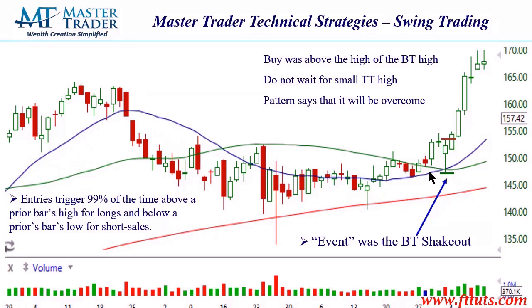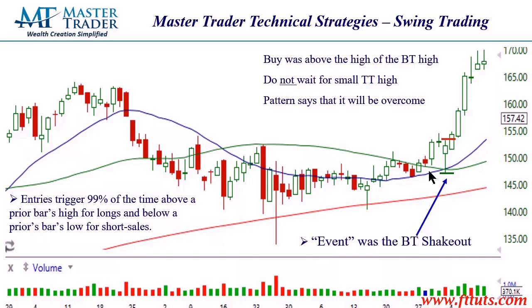And as it says, 99% of our entries are going to trigger by trading above a prior bar's high. Now, with that being said, if I was to see a very compelling pattern, such as this, with a range expansion bottoming tail bar, I might decide to put on an initial position at the close of trading, or very close to the close of trading, where I know that bar is going to close that way because we're near the end of the day.